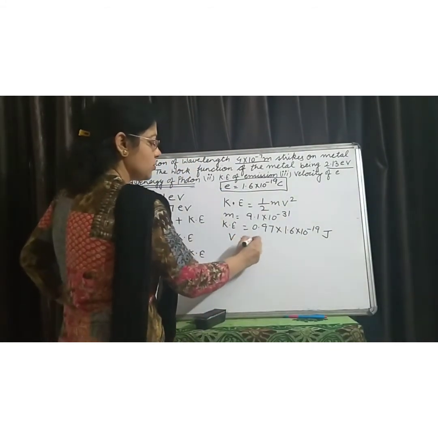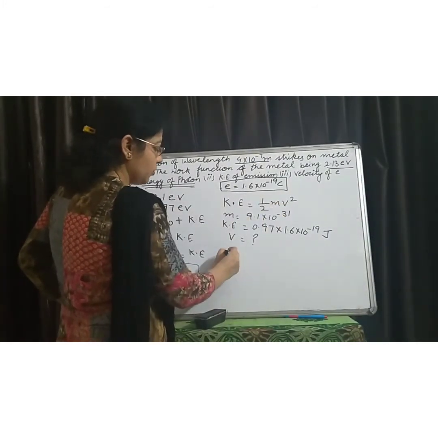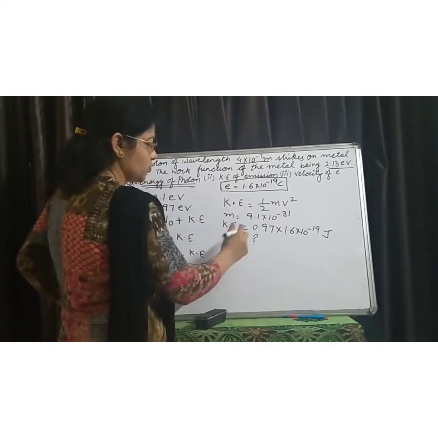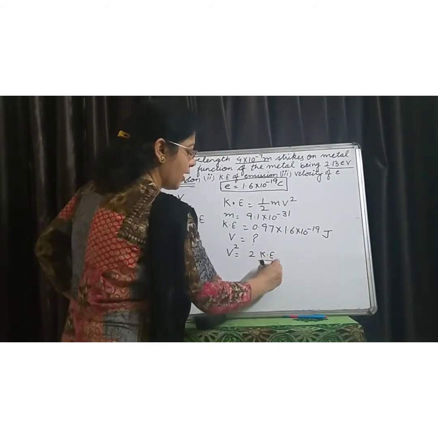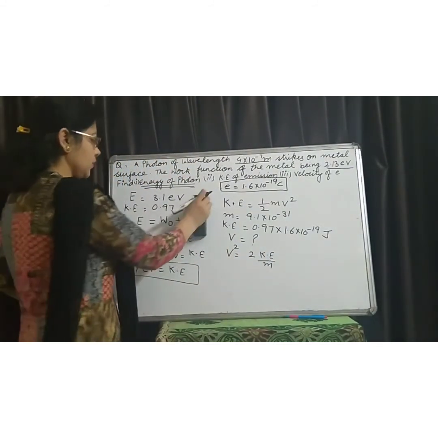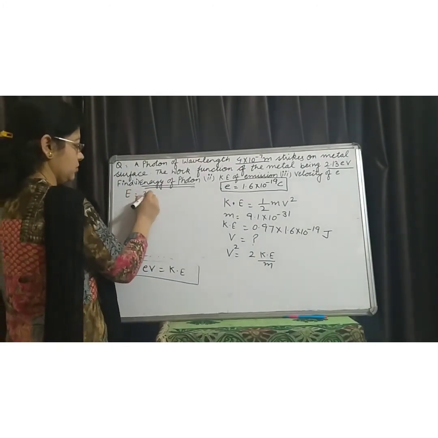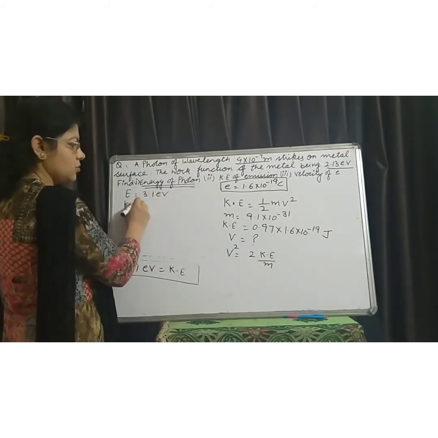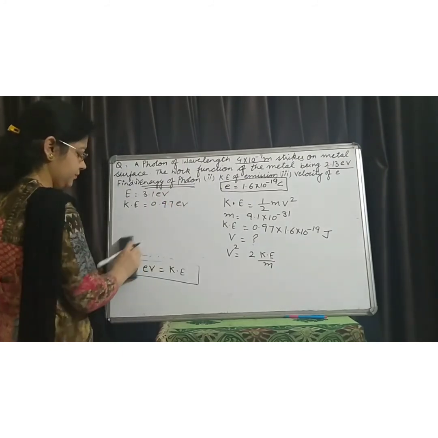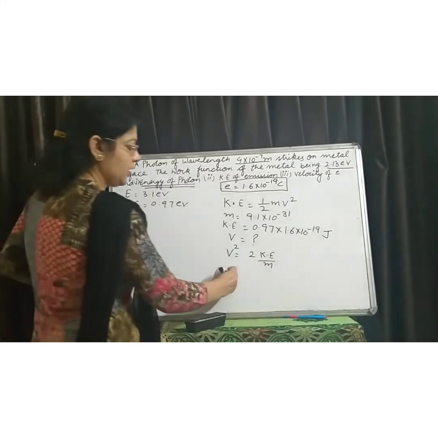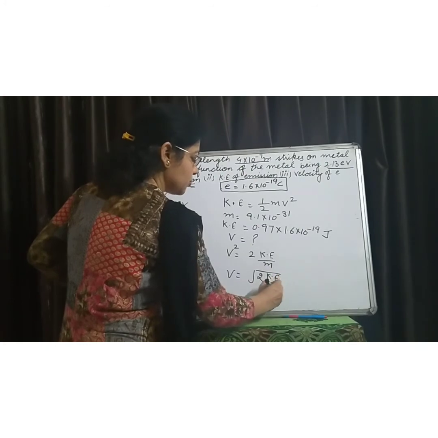For the velocity of the electron, v square is equal to 2 into kinetic energy divided by m. So v is equal to the square root of 2 kinetic energy upon the mass of the electron.